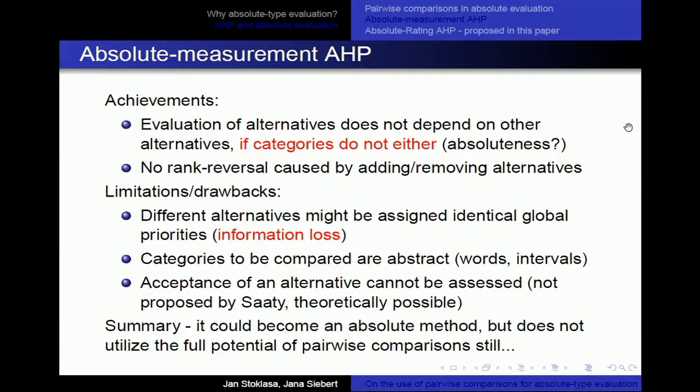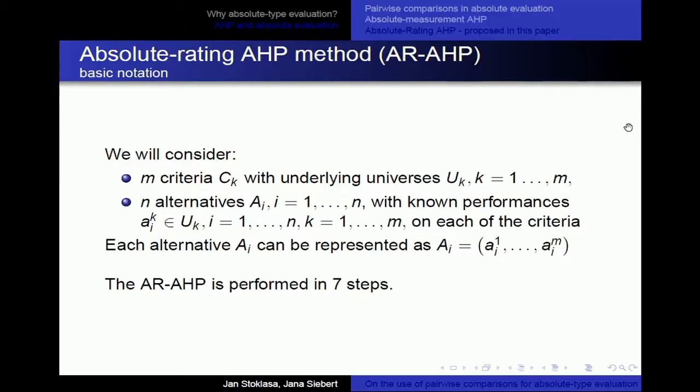So let's try to improve the idea of using relative type evaluation for absolute type evaluation. This is the usual setting. We will have M criteria and N alternatives, and now, depending on how familiar or fascinated or annoyed by AHP you are, it might be interesting or not.